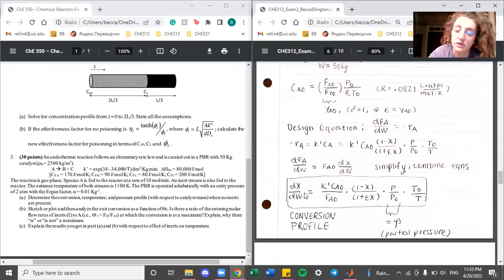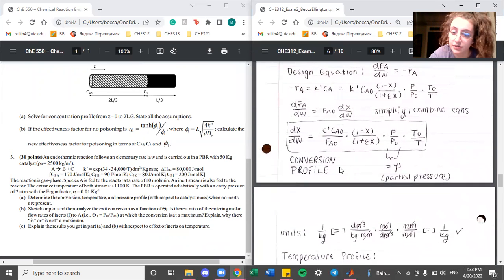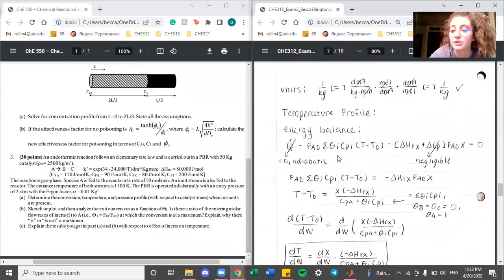I derived the conversion based on the design equation by plugging a gas phase concentration into the rate law equation, and by saying that FA is equal to FA naught times (1 minus X). This is my conversion profile. For the temperature profile, I took the energy balance, considering that there was no work and no heat exchange in the reaction, and the delta Cp was negligible.